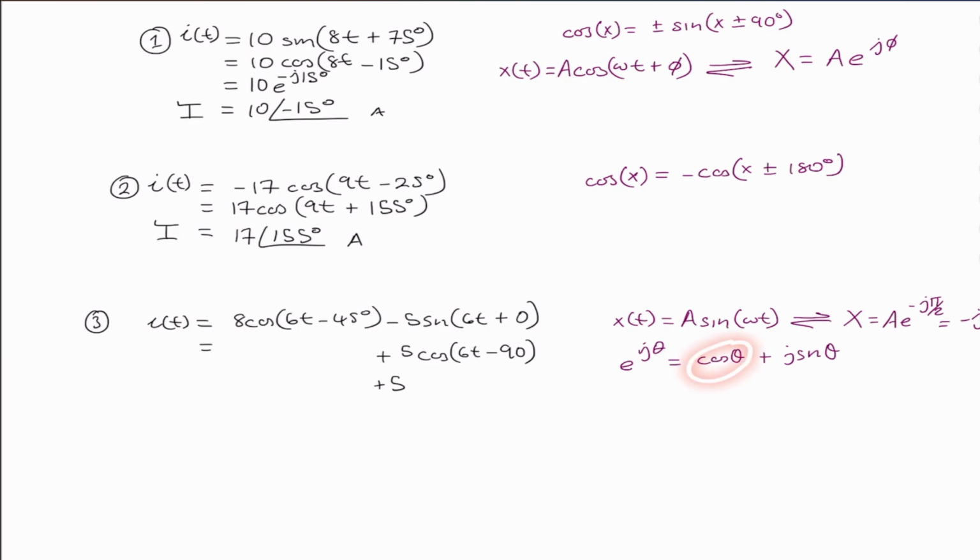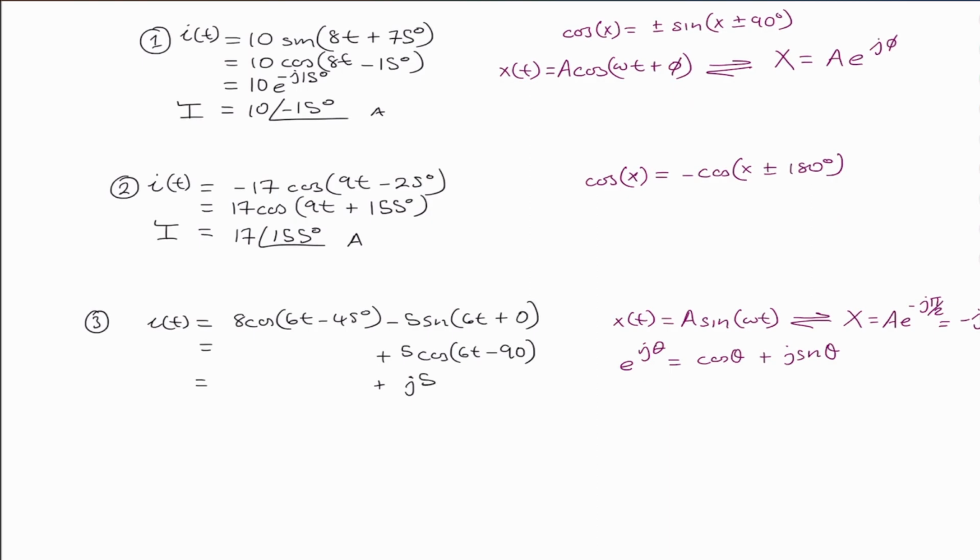So cosine minus 90 is equal to 0. And then sine minus 90 gives us positive 1. So we can go ahead and write that as positive 1, but remember our j, so then this would be 5 times j. Or normally, I would write that as j5.